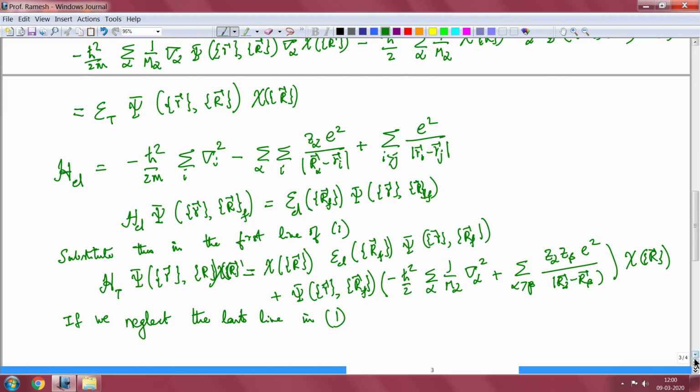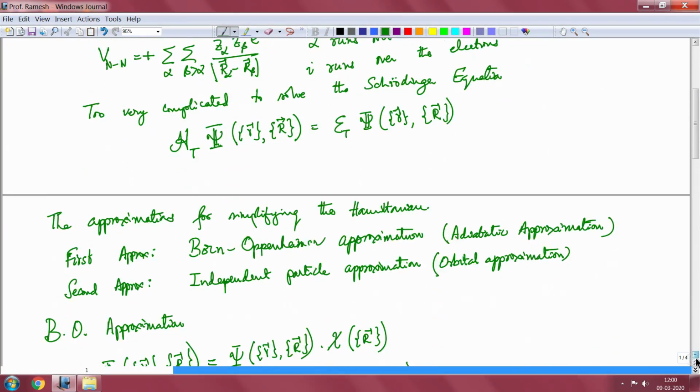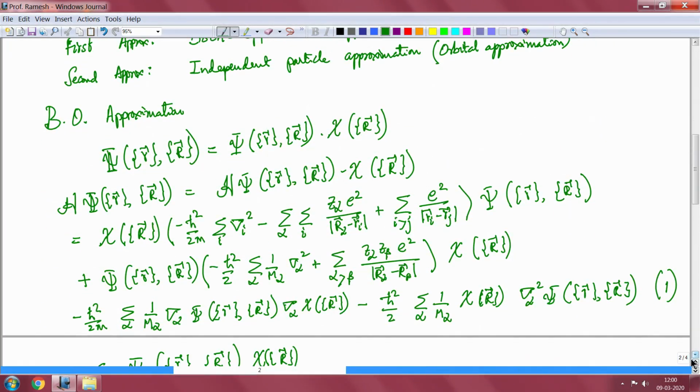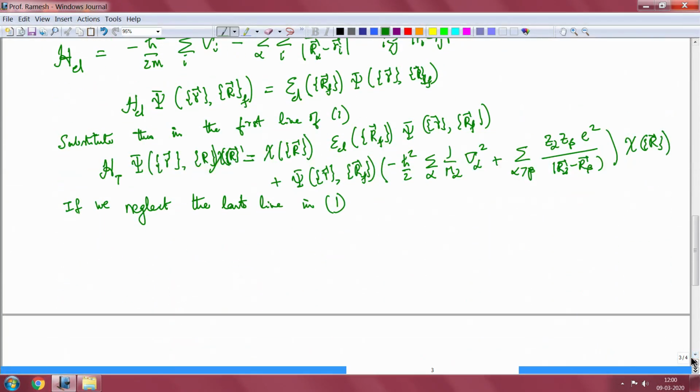Okay, so that is what it will be like, and now let us see what you can do. Now what happens is we can cancel the psi of r comma R on both sides.